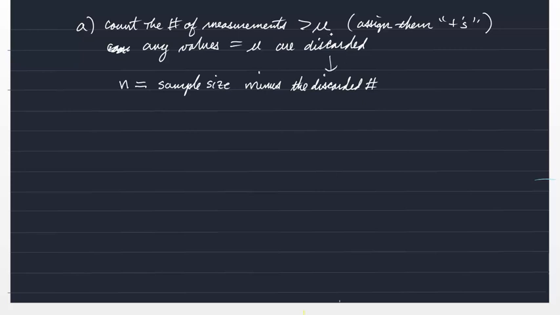So if there are 5 values that equal mu, then you would subtract 5 from the sample size to get n.